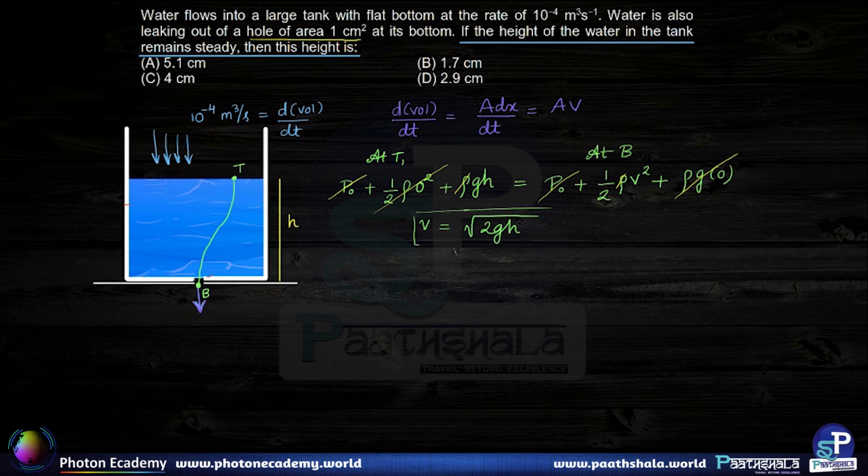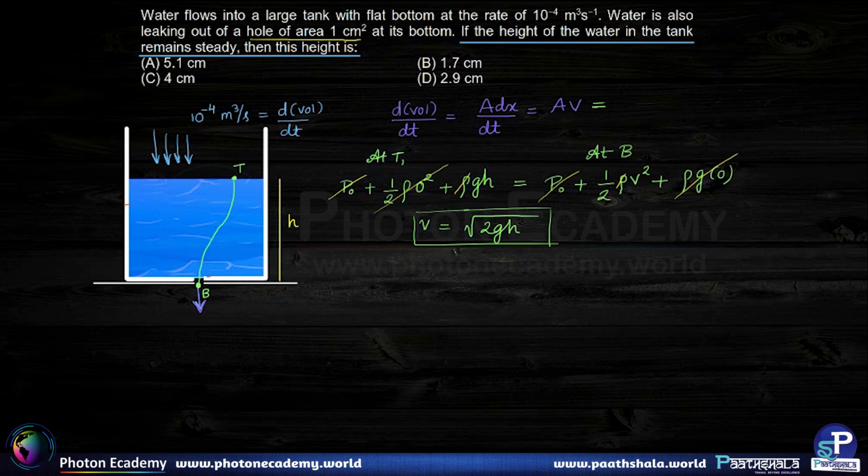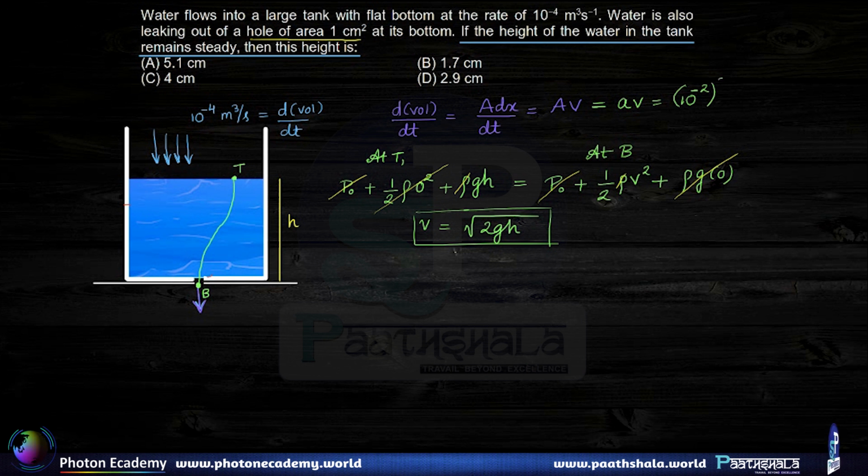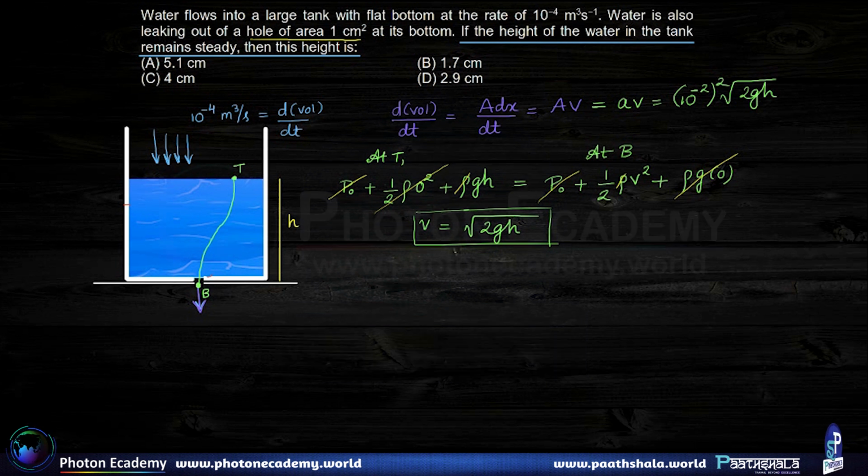Alright, so now that we know the velocity of the bottommost point, we know the rate of flow of volume of the bottommost point, which would be A into V, that is equal to 1 centimeter square. That has to be converted into meter square. So 10 raised to minus 2 squared, that is 10 raised to minus 4 essentially, into under root of 2gh. So this is the rate of outflow of volume from the bottommost point.